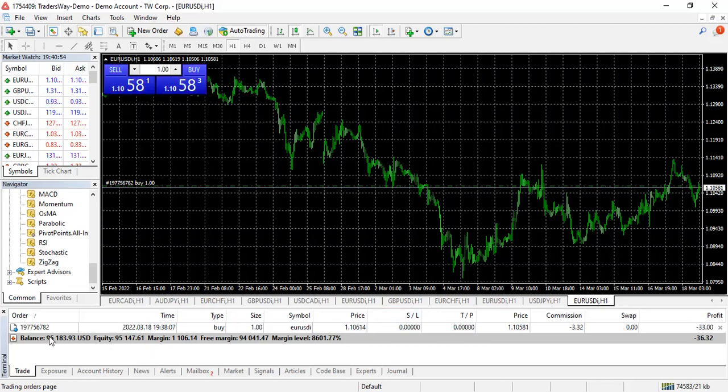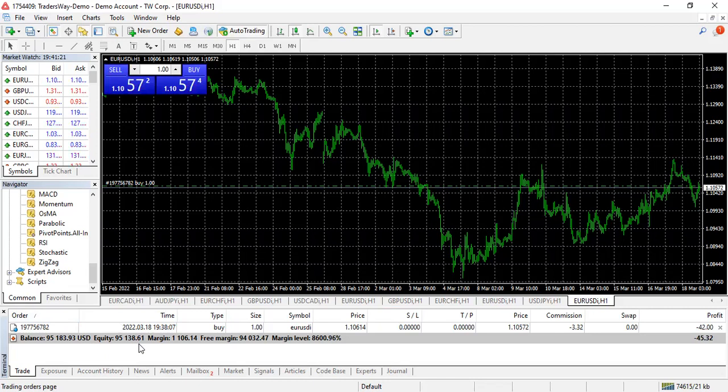Nothing will happen to the balance until this trade is closed, then it will affect your balance. But when the trade is not closed yet, it is not going to affect this balance. So that is what equity is all about. So if you calculate your equity, it is balance minus your open trade.